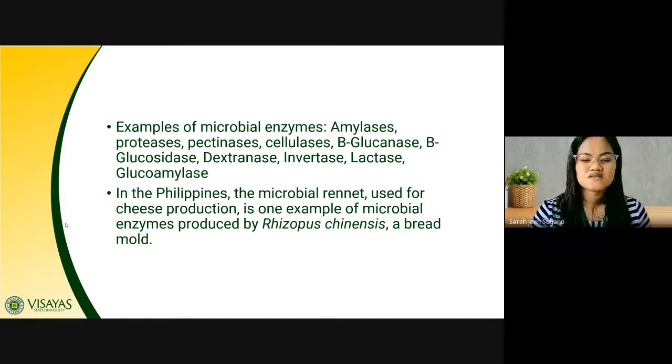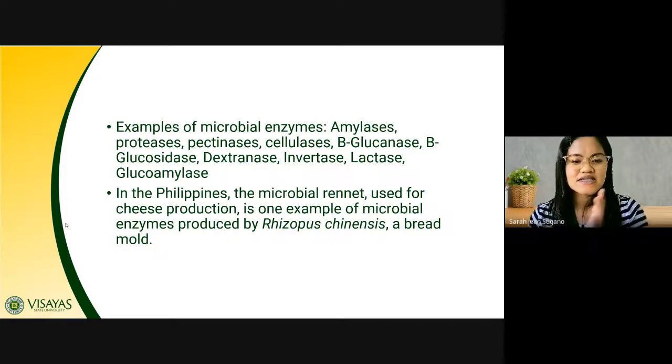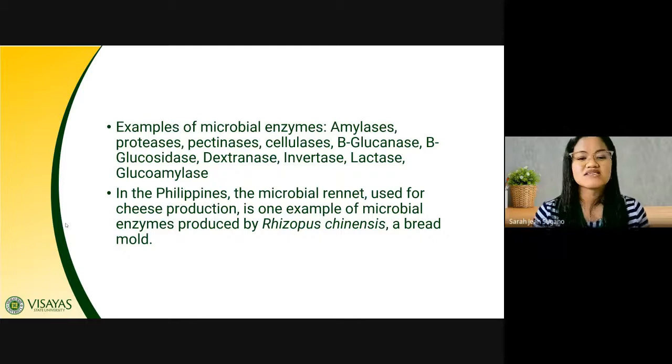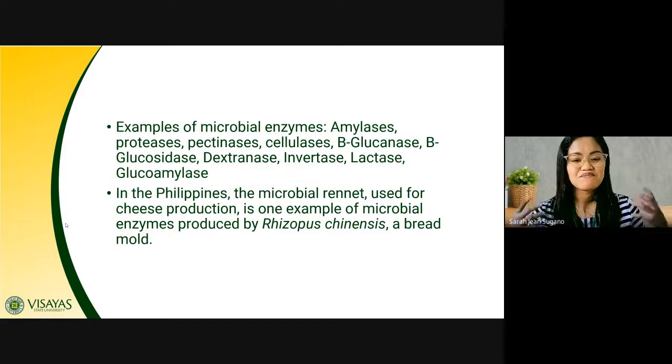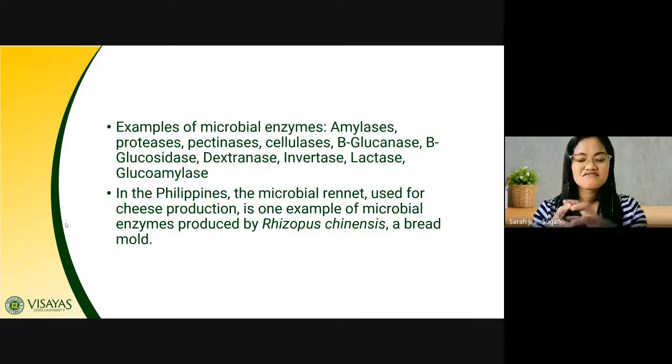They can degrade carbohydrates. Amylases are also present in our bodies because they degrade glucose, and proteases degrade proteins. Pectinases degrade pectins and are used in pulp juices, like Minute Maid, because there are many pectins in fruit juices, so they should be degraded.